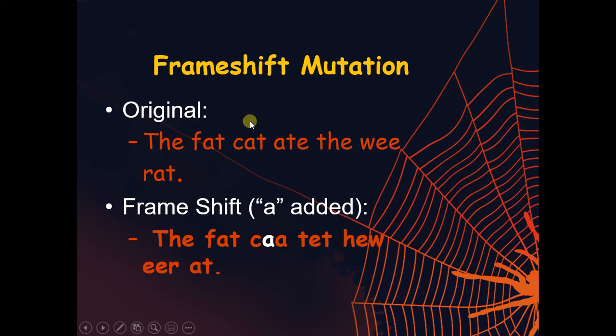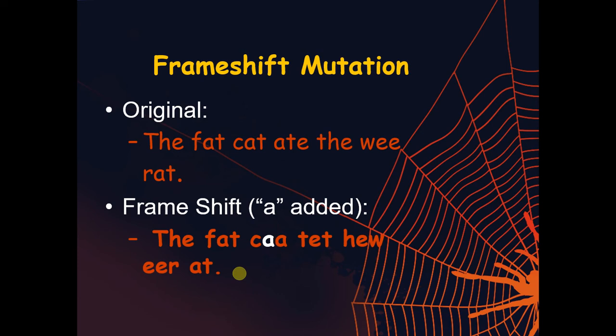The fat cat, we insert an A. Now, codons are still read three nucleotides at a time. So this T gets pushed over to the next nucleotide, and the E gets pushed over to the next. And so each codon is now different. We've shifted everything over to the right by one.